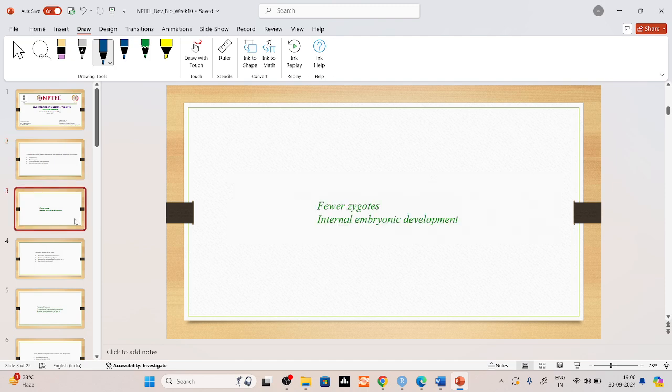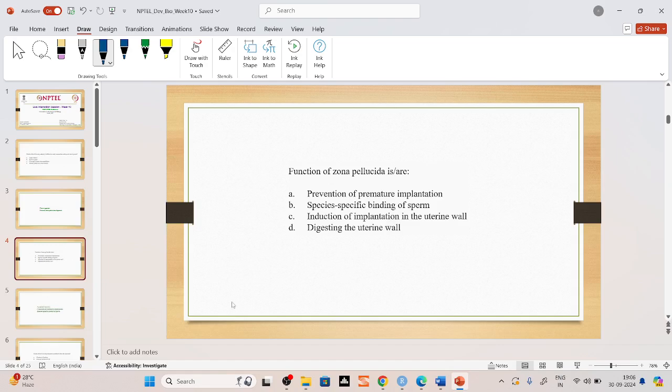So yes, next question is, function of zona pellucida is or are: A, prevention of premature implantation; B, species specific binding of sperm; C, induction of implantation in the uterine wall; and D, digesting the uterine wall. 2 minutes to solve this question. It is right now 7:06. At 7:08, I'll switch the screen.